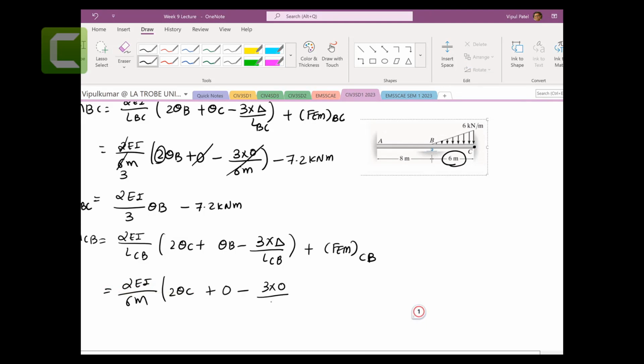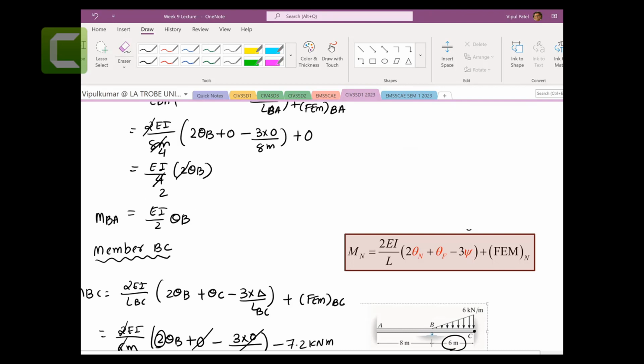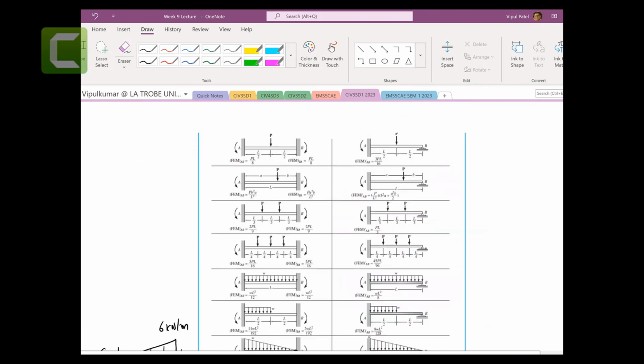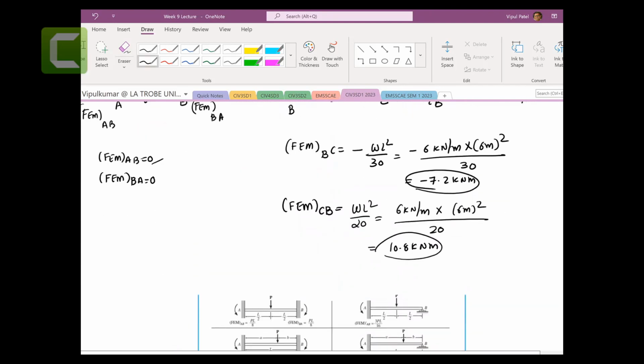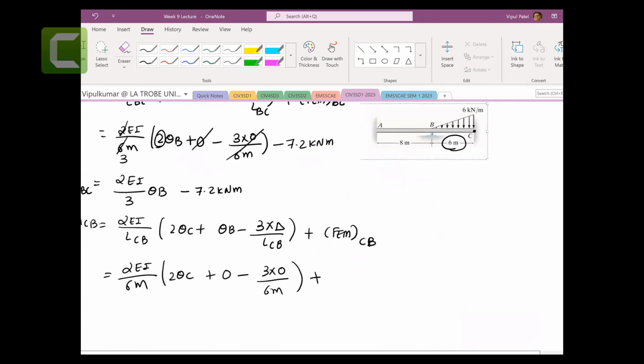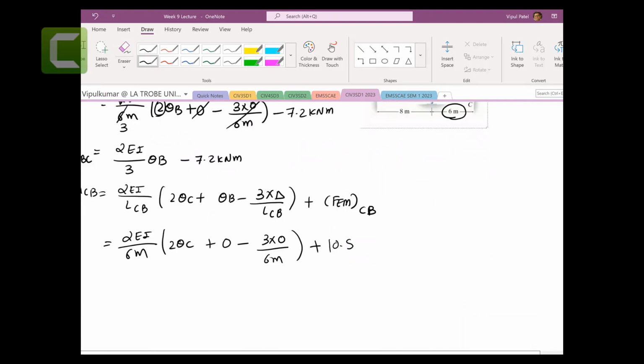This one is 0. This is length CB, which is 6 meters, plus the fixed end moment of CB, which is 10.8 kilonewton meters. So this cancels with 3 meters, and we got 2 theta C on 3. What happens here?